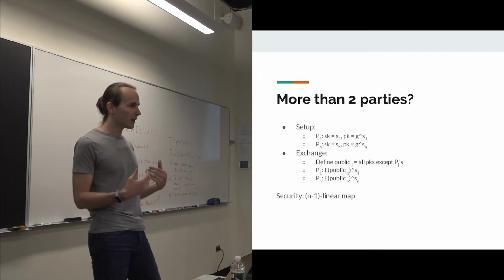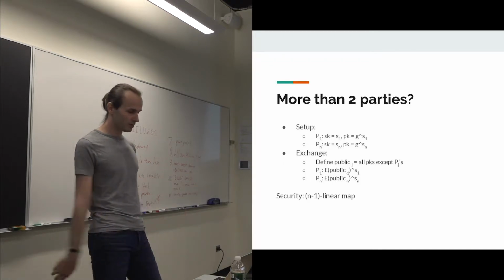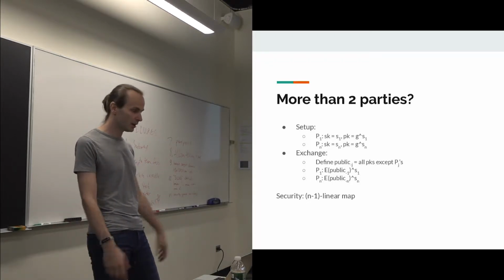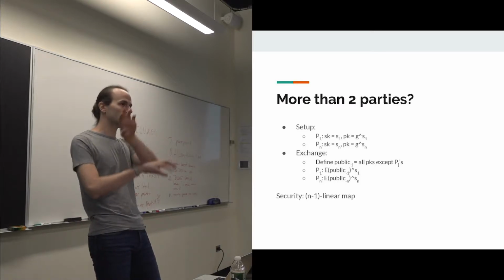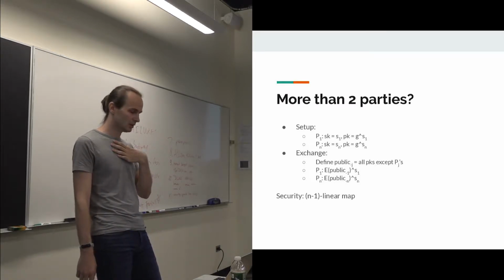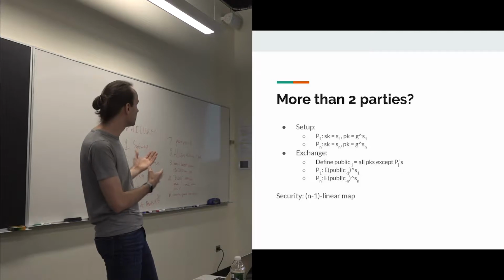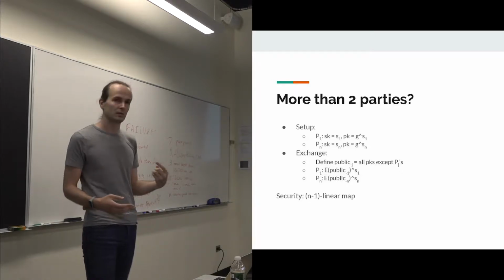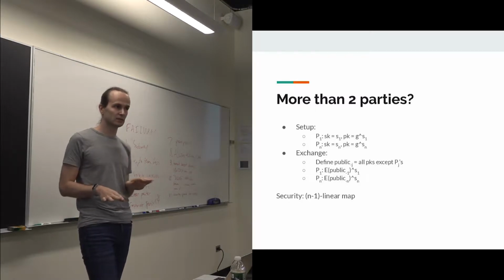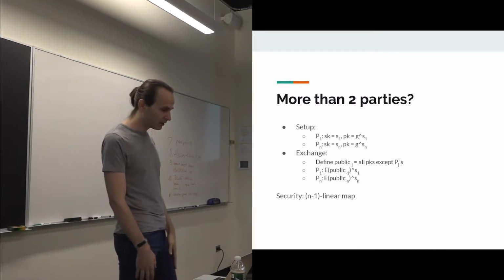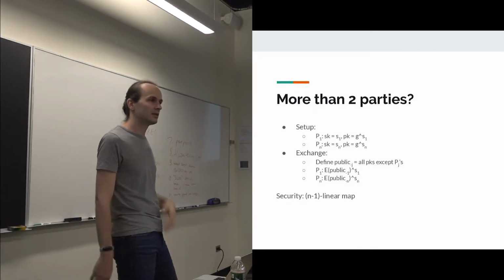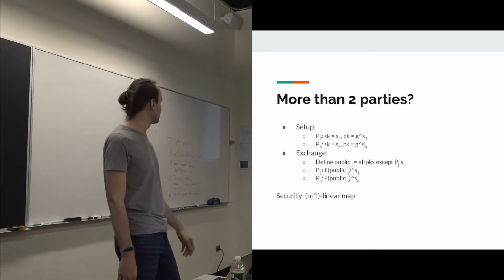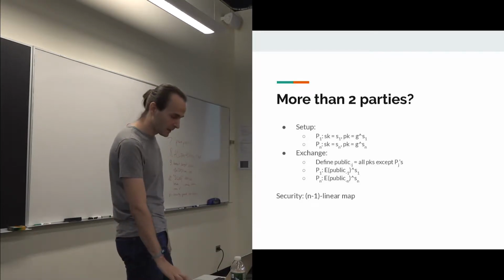If I want to get the overall shared key, I pair all the public keys that don't belong to me, which I can do because I have an n-1 linear map, and then use my own secret to exponentiate. Does that make sense? Security is just a generalized version of Diffie-Hellman.